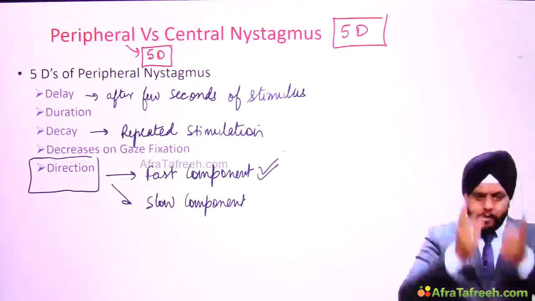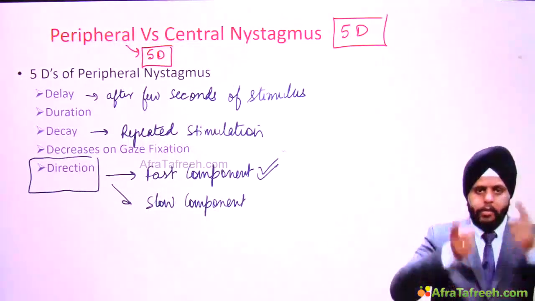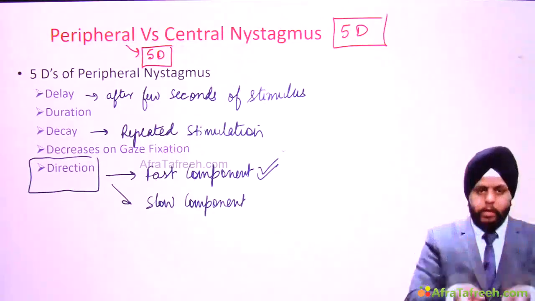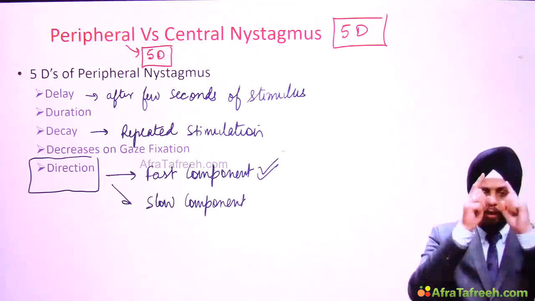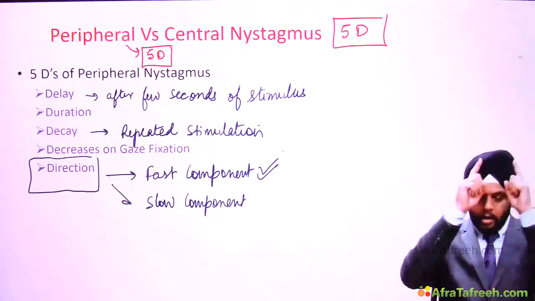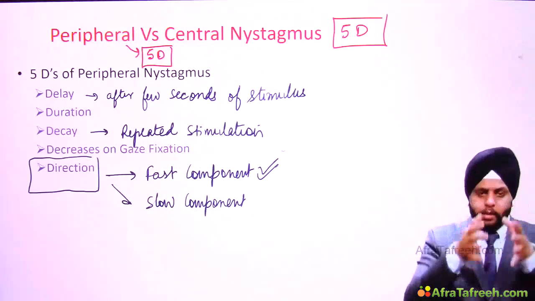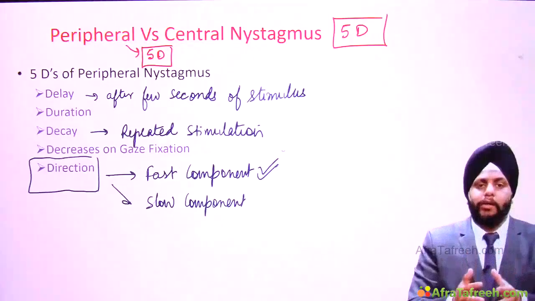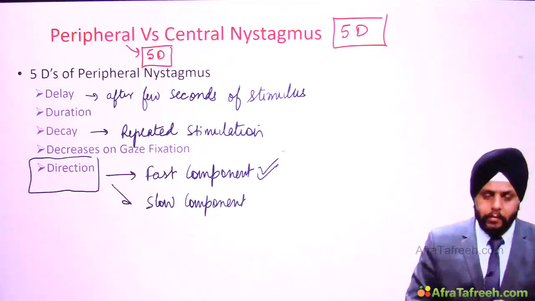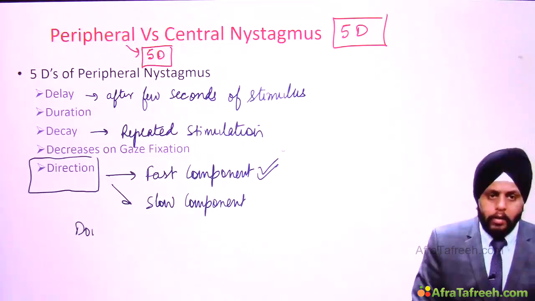If the nystagmus is going like this, that means it is towards gravity. It is a downbeating nystagmus, towards gravity. You can also call it geotropic nystagmus.